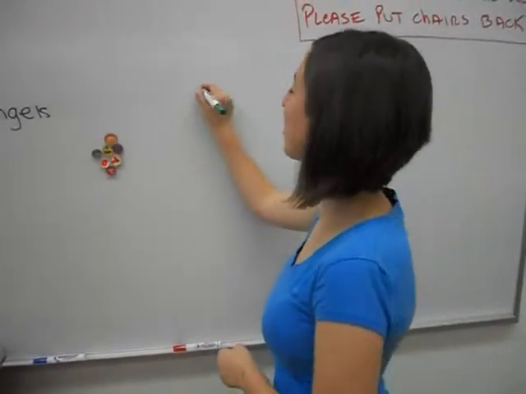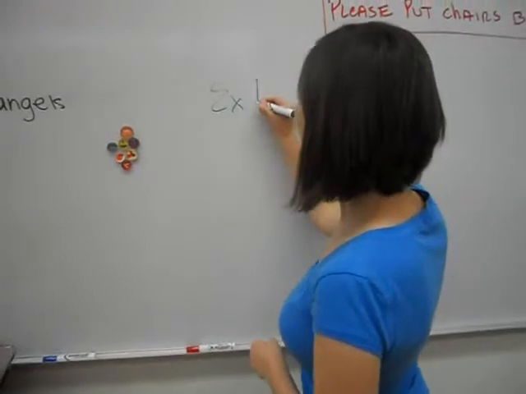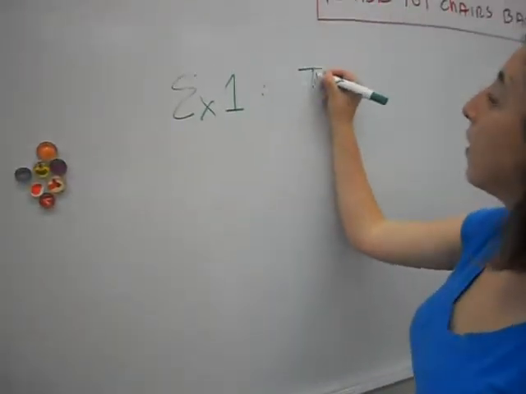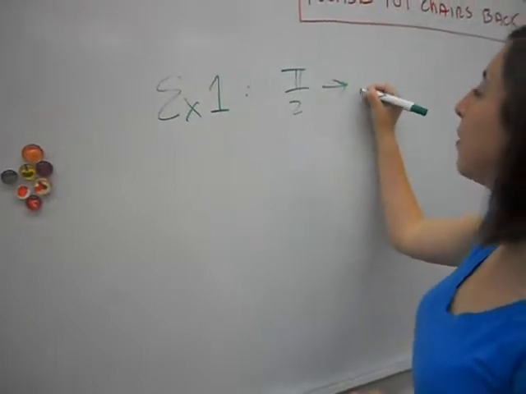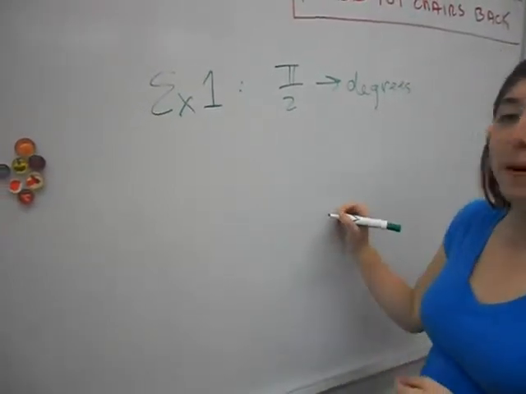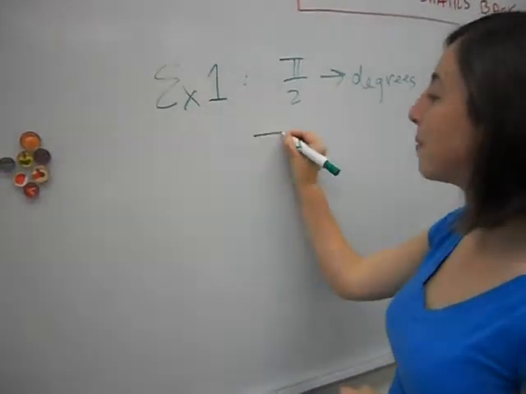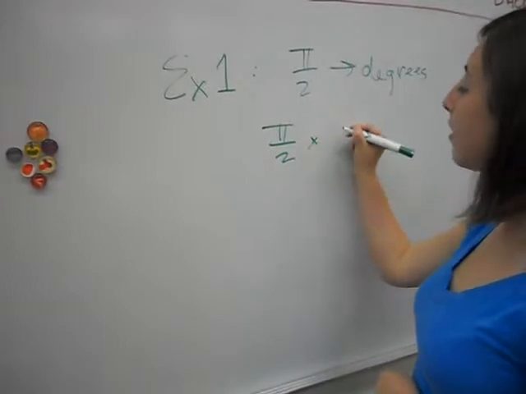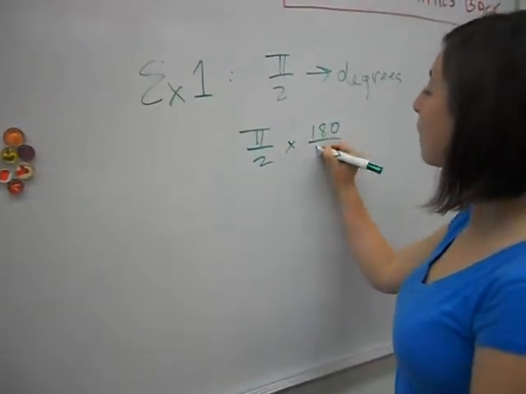So our first example today is to turn pi over 2 into degrees. So what we do is we take our radian, pi over 2, and we multiply it times 180 over pi.